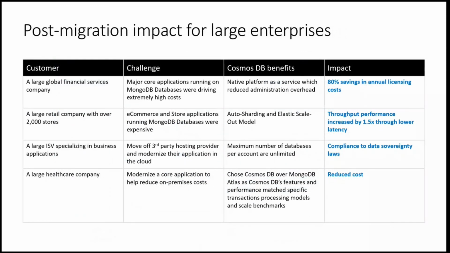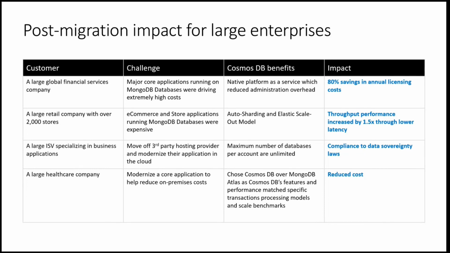So, a few examples of successful case studies for homogeneous migration. These are all MongoDB migrations. One is a global financial services company, and their main challenge was the extremely high cost because of licenses and the number of operations in general. We also reduced the administration overhead here and saved up to 80% in annual licensing costs.